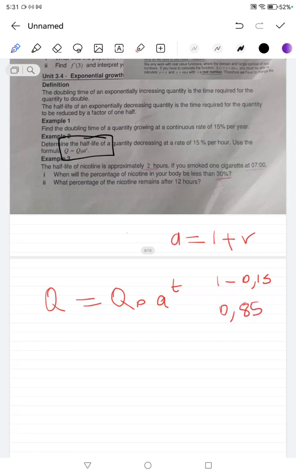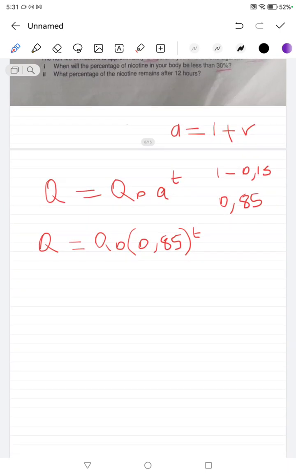So it now means you have your Q equals your Q0 into your 0.85 to the exponent t. Then we're just going to introduce 1 over 2. Then your Q0 will be equal to that one. Then we have the 0.85 exponent t.